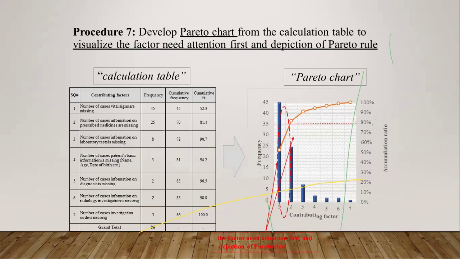Let me try to paraphrase. Supposing the first contributing factor and the second one in my table scored the same, let's say 45, 45.